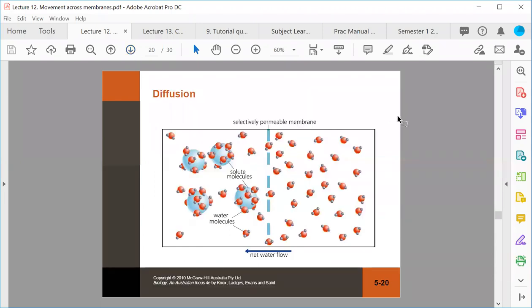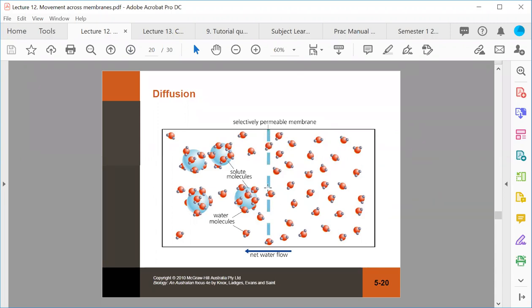All right, this is a very important image here, which really describes osmosis and that concept of high and low free energy. Here we have a sample of water on this side. The dashed blue line represents a selectively permeable membrane.